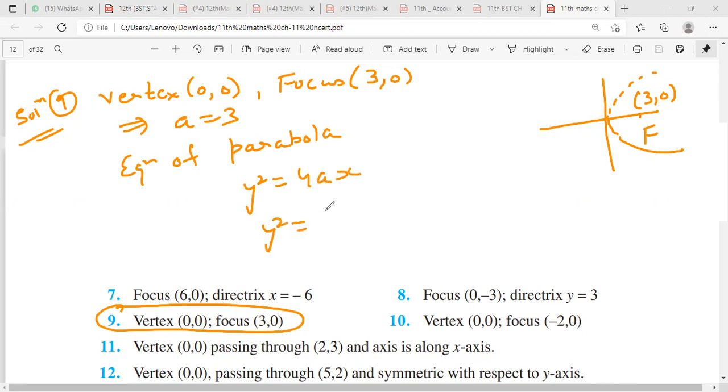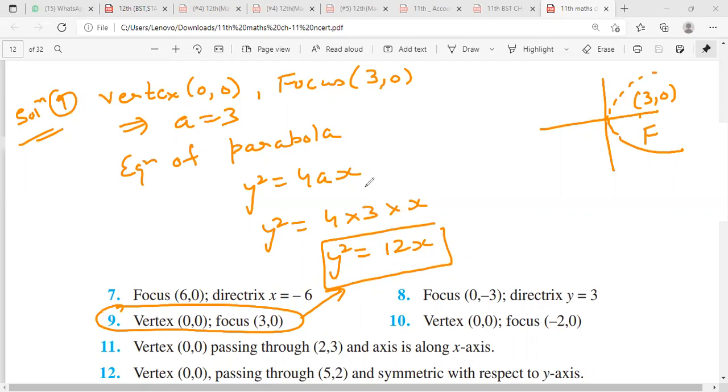That is y square is equal to 4 into 3 into x. That is y square is equal to 12x. And this is the required answer of this question. Let's move to the next question, that is question number 10.